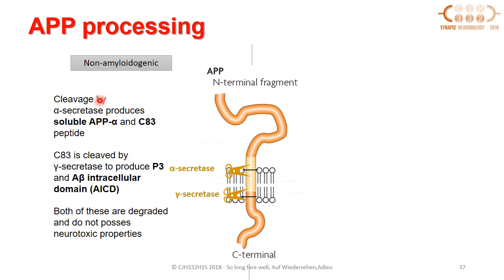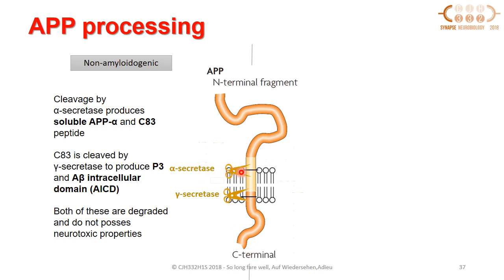So in this non-amyloid pathway, this APP is going to be cleaved to form soluble APP alpha, and as a result of this alpha secretase cutting, we get this larger fragment outside, the soluble APP alpha, and then we get this other domain that's inside called C83.